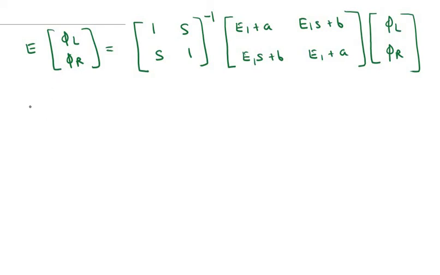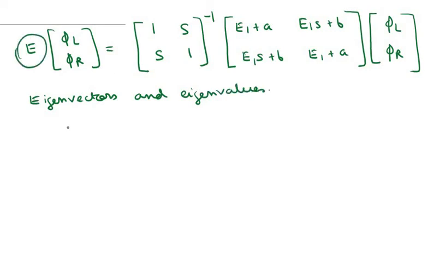The two eigenvectors. So let me write it: eigenvectors and eigenvalues. So this is the eigenvalue of this matrix equation.